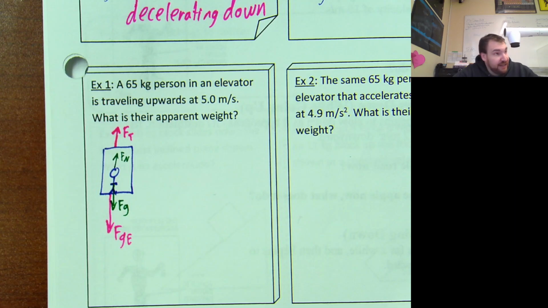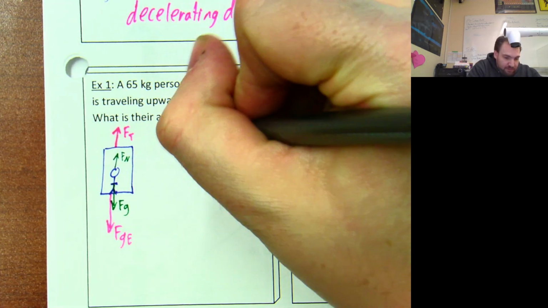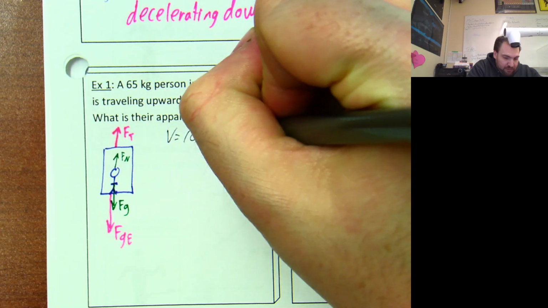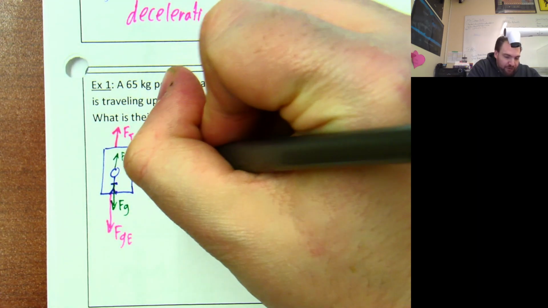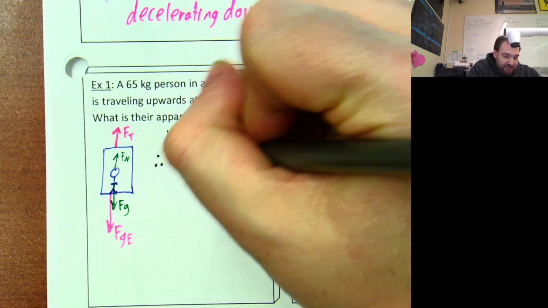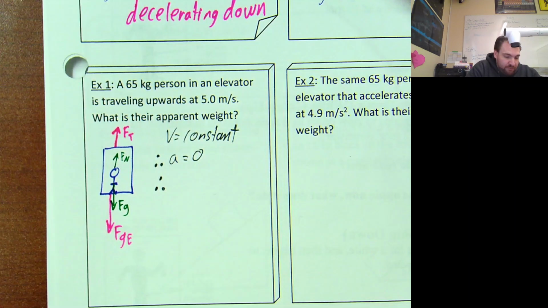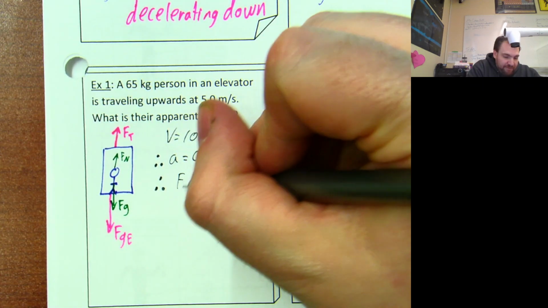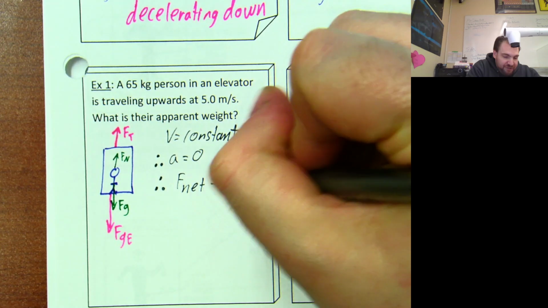The velocity is constant. Therefore, acceleration equals 0. Therefore, F net equals 0.